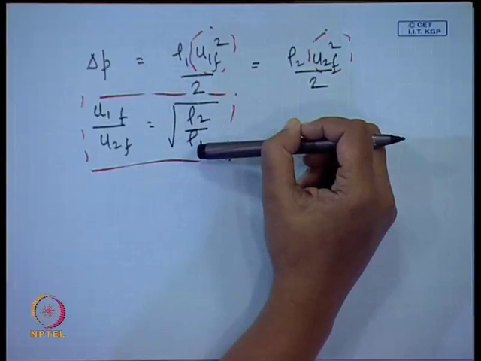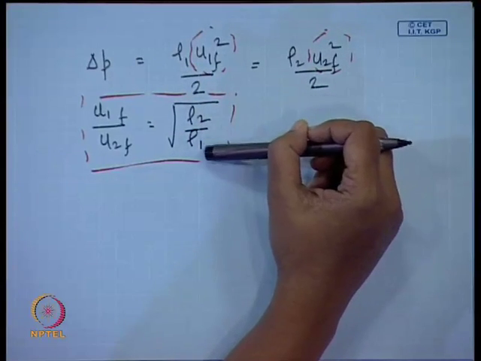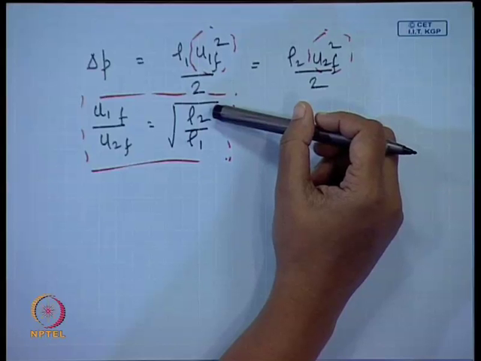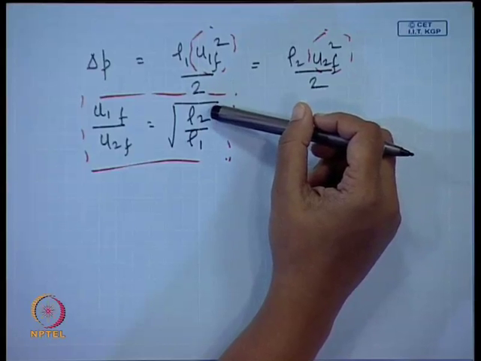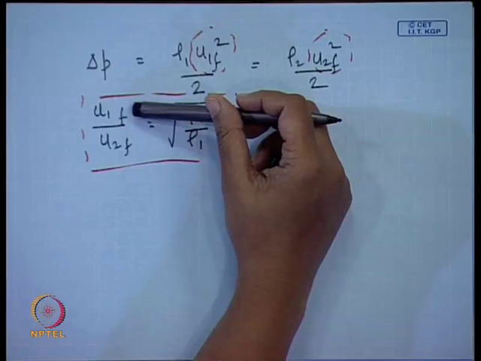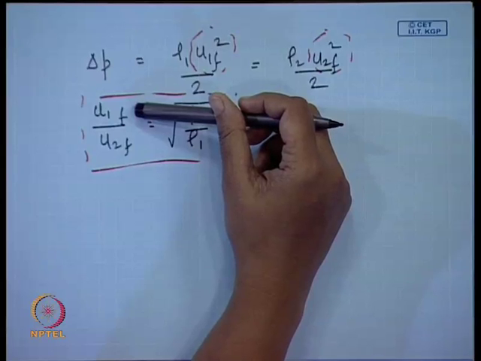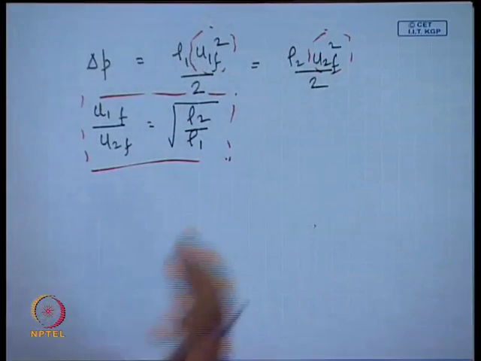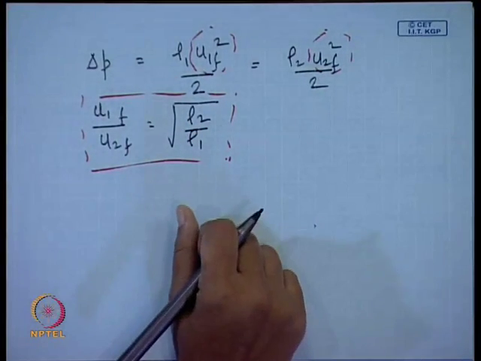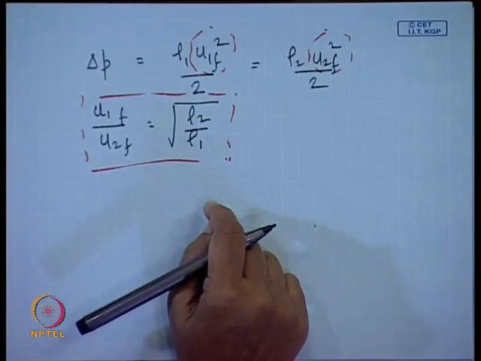Now, suppose it is an air water mixture, rho 1 will be much greater than rho 2, and therefore u2f will be much greater than u1f. Even under separated flow conditions, the two velocities will be much different even when we assume that the pressure gradient across them is the same. Just because of the densities, this difference is going to occur.